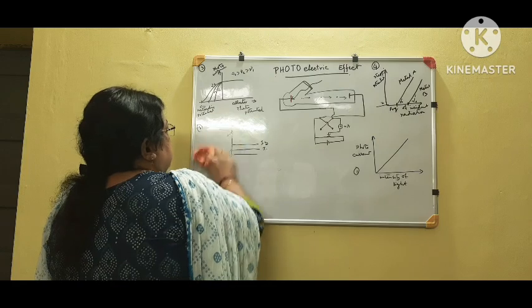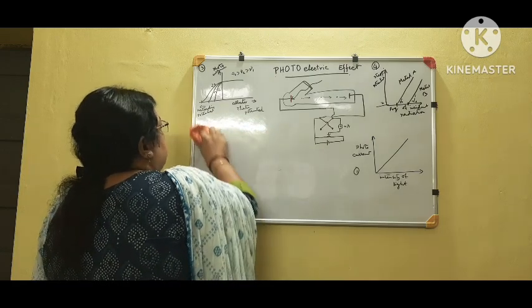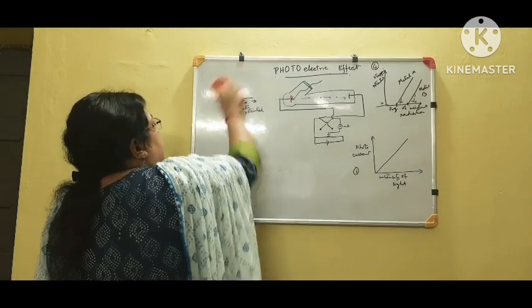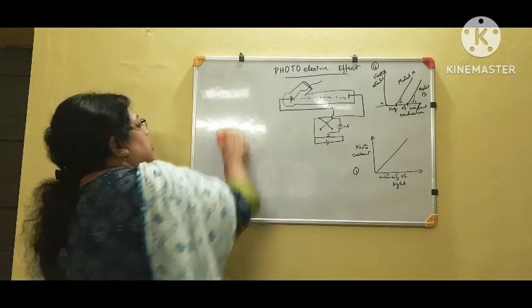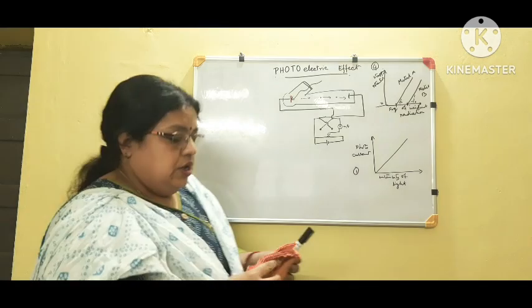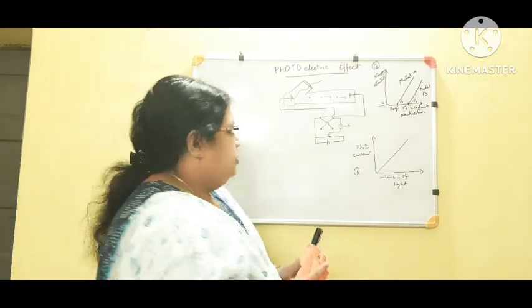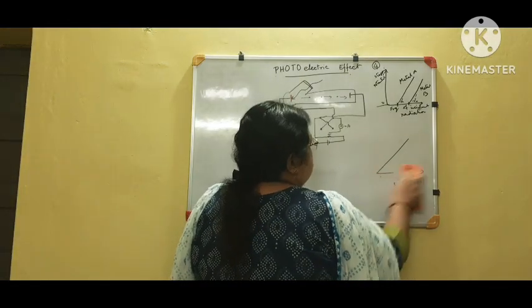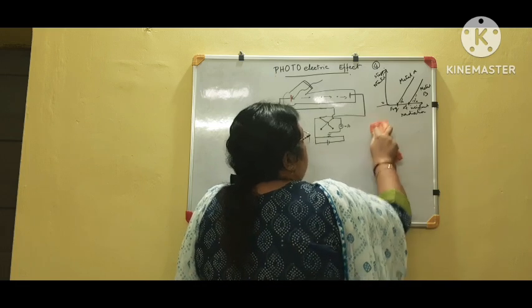I am repeating the conclusion: photocurrent, that is the emission of electrons, does not depend on the intensity of light. It depends on the frequency of the incident light, not the intensity of the light.